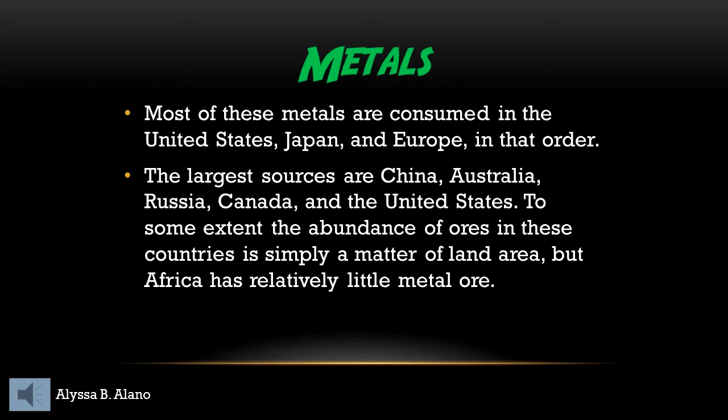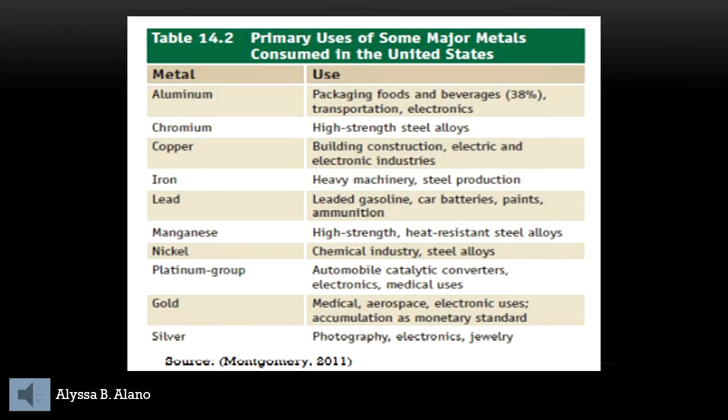To some extent, the abundance of ores in these countries is simply a matter of land area, but Africa has relatively little metal ore. As you can see in the table, these are the primary uses of some major metals consumed in the United States.